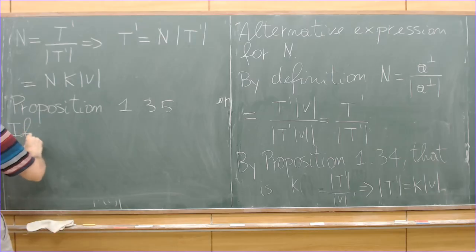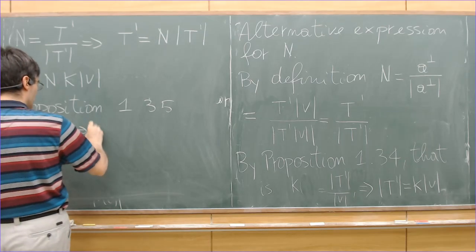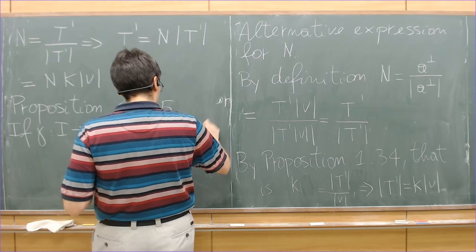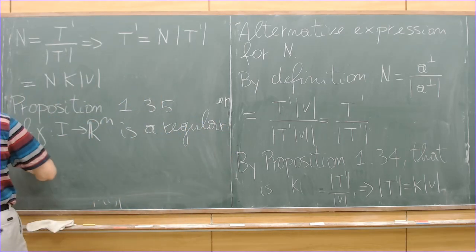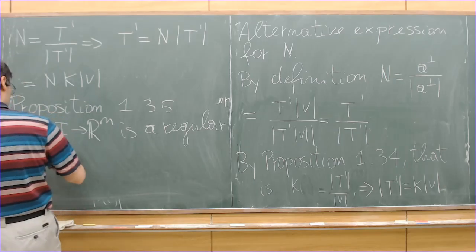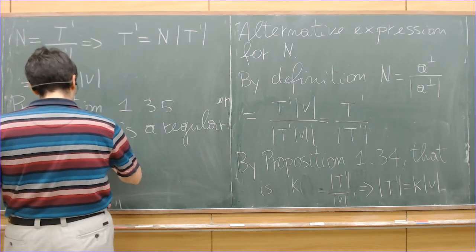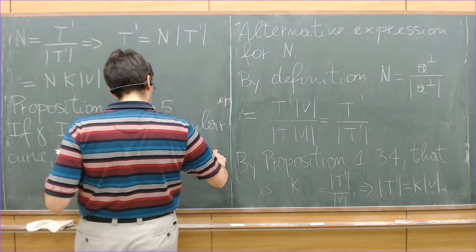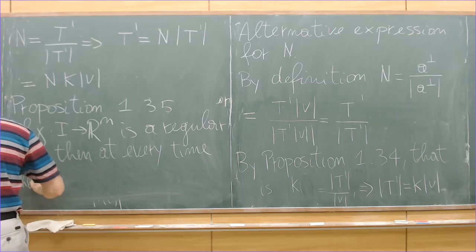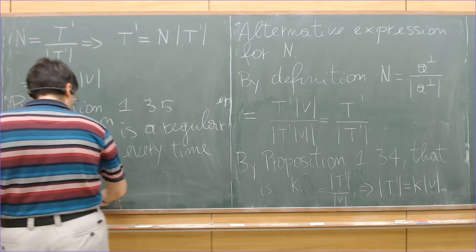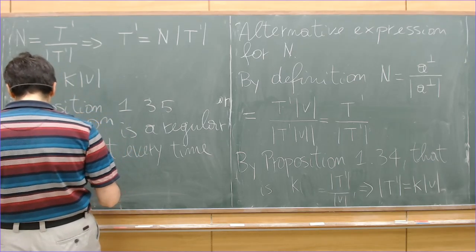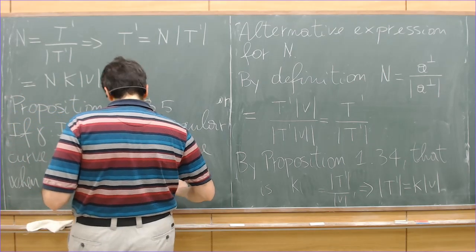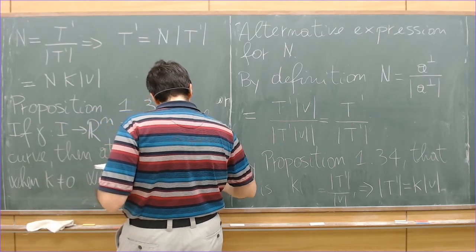If gamma defined on I with values in Rn is a regular curve, then at every time when k is different from 0, we have t prime equal to k length of v times n.